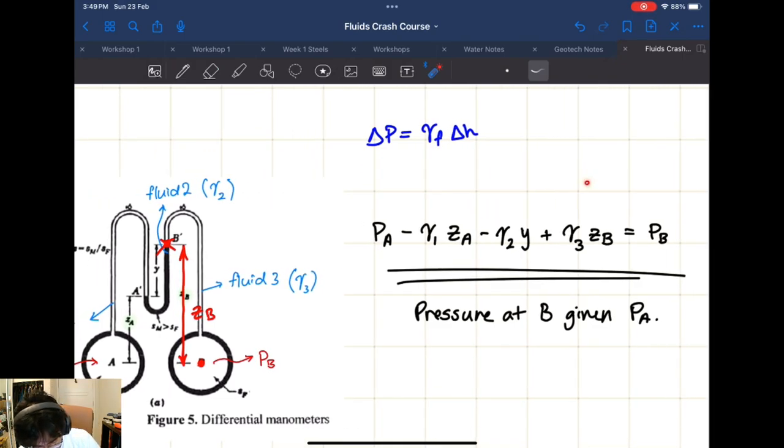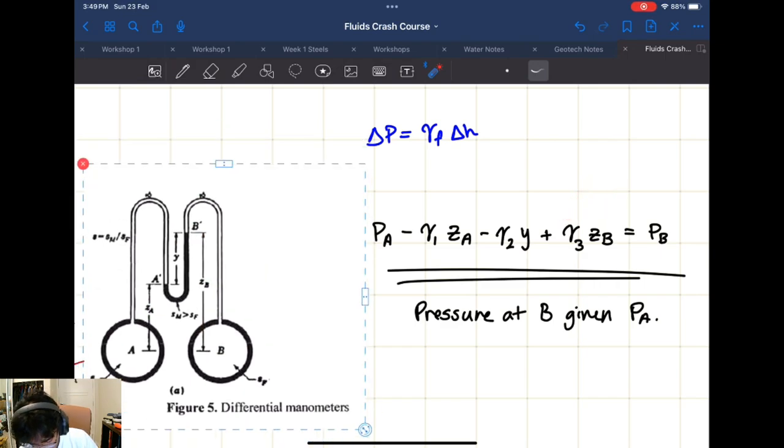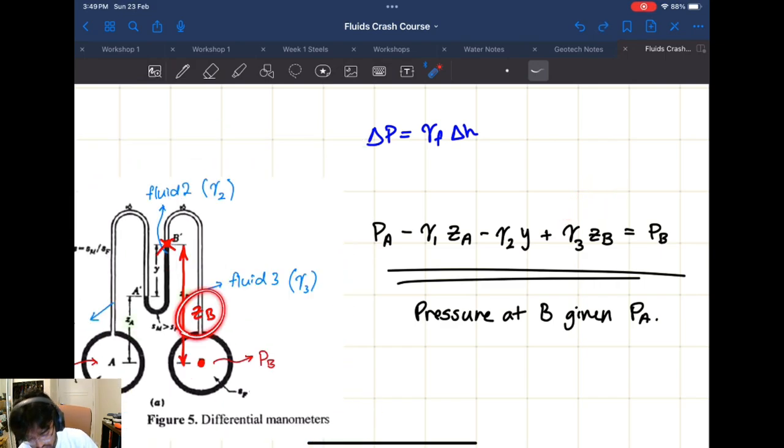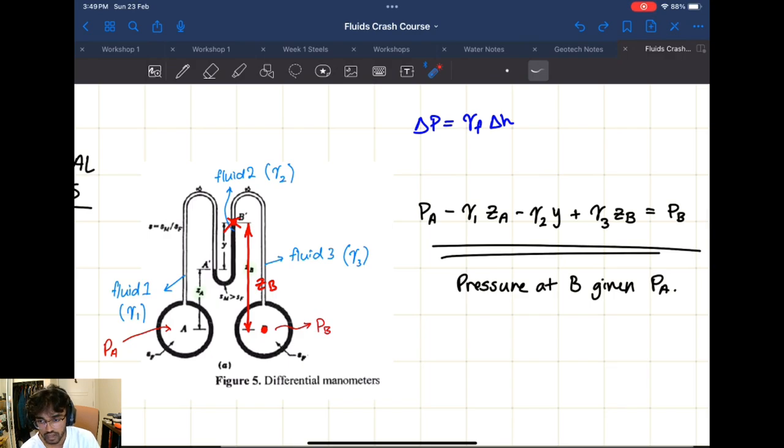But again, fluid number 3 has unit weight gamma 3 and a height difference of ZB. And because it's going downwards, our pressure change is going to be positive. Okay, so the way you can pretty much do this easily, take a look at the diagram. Start at point A. So let me get rid of this.